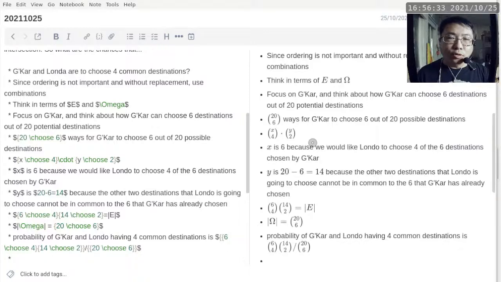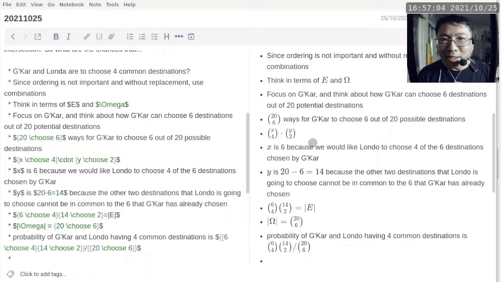That's why x is 6. But we need the second person to choose 6 destinations total, right? So we have accounted for how many ways to choose 4 that are in common with what the first person has chosen. What about the other 2 destinations? Well, the other 2 destinations cannot come from the 6 that were chosen by the first person, which leaves us 14 to choose from, because there are 14 destinations that were not chosen by the first person.